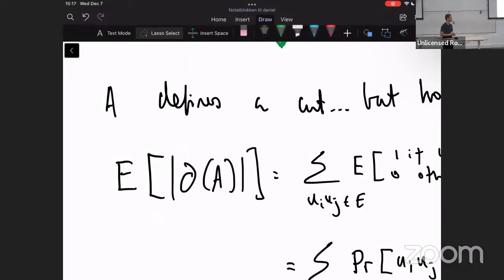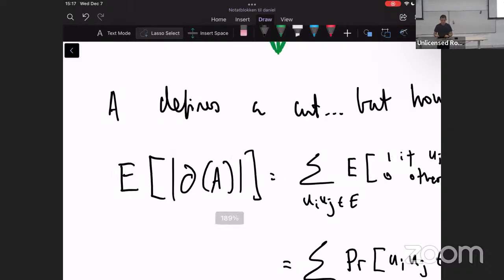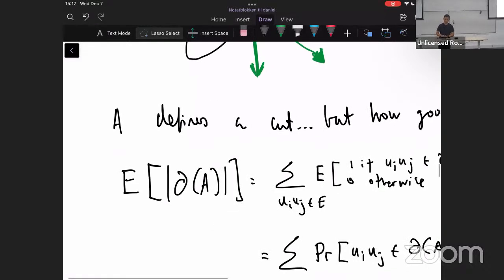This is the rounding. Yes, you pick a random hyperplane, and then everyone who is dotted positively with the vector goes on the A side. Everyone who is dotted negatively goes on the B side. So now all we need to do is analyze the expected size of this cut.